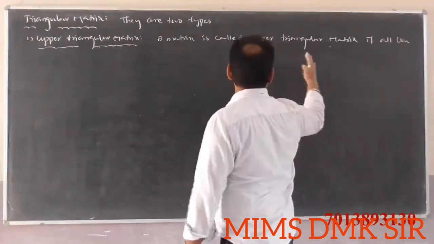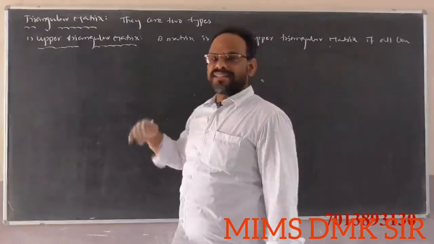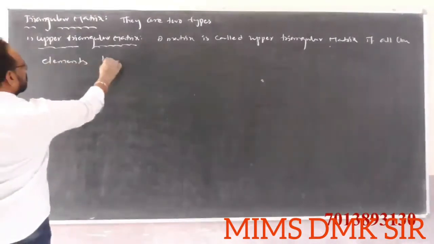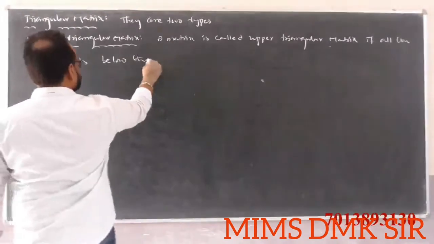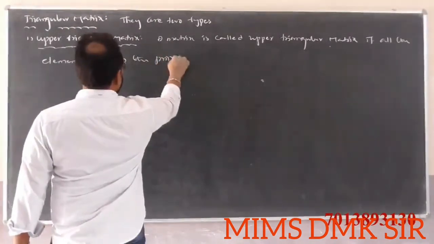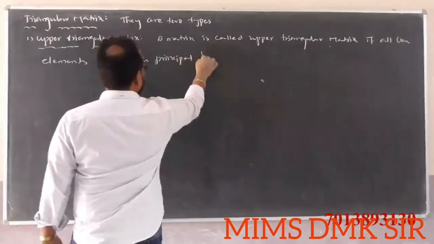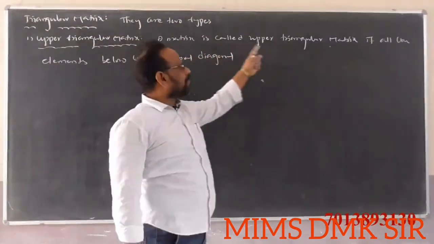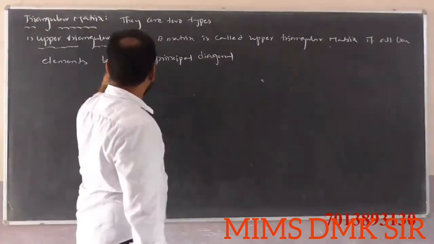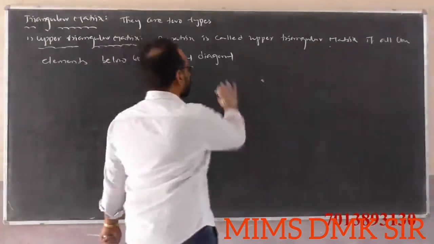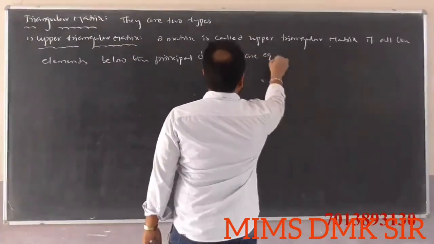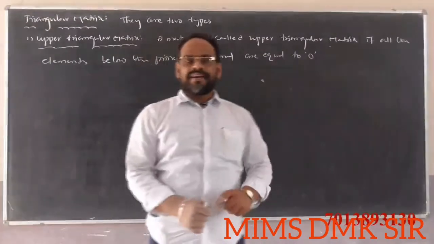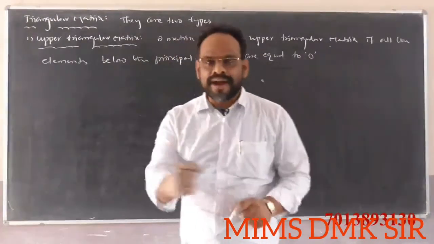A matrix is called the upper triangular matrix if all the elements below the principal diagonal are equal to 0. Then the matrix is called what? Upper triangular matrix.